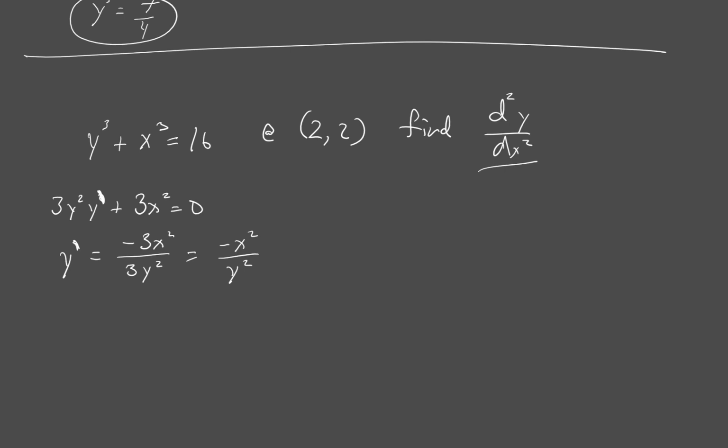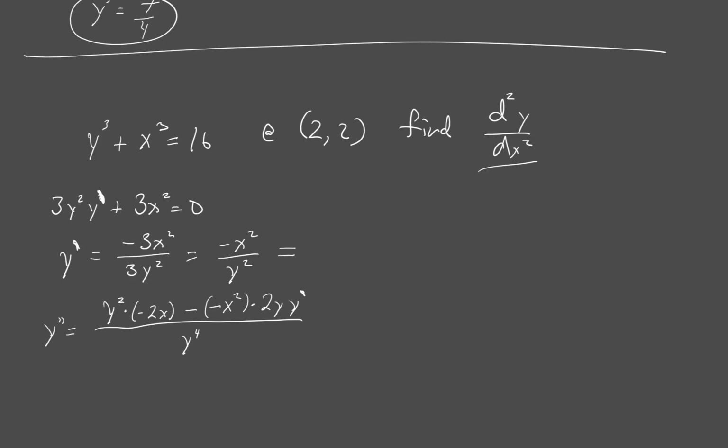So I get that y double prime is equal to the quotient rule, low times the derivative of the top, minus 2x, minus the top, minus x squared, times the derivative of the bottom, 2y y prime, right? And then we're going to divide by the bottom squared, so that's going to be y to the fourth.